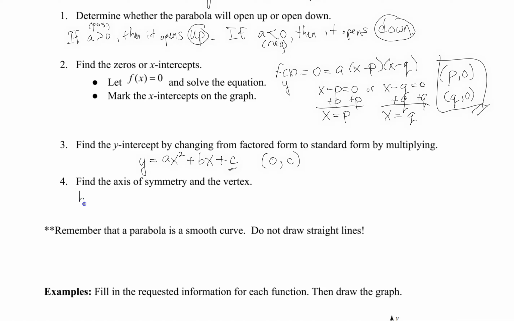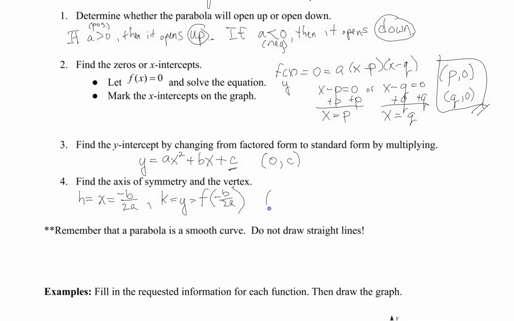And then number 4, find the axis of symmetry and the vertex. Remember here that h is the x-coordinate, where x equals negative b over 2a. And the k, which is our y-coordinate, would be equal to f of negative b over 2a, or the number that we've found once we've evaluated it. We'd put that back into the equation in standard form, and whatever it comes out to be would be our coordinate.